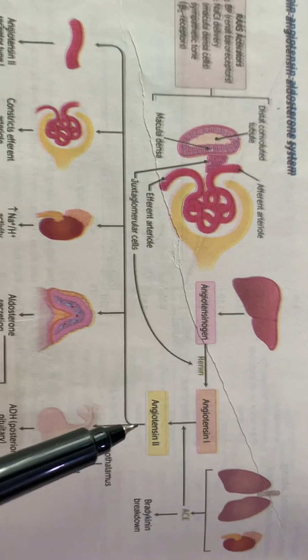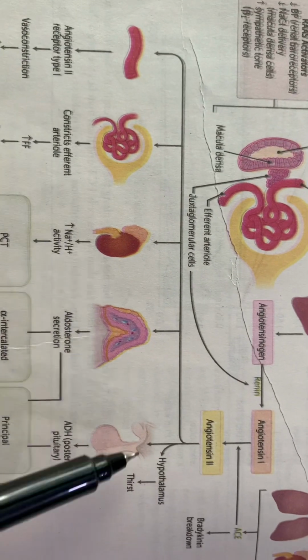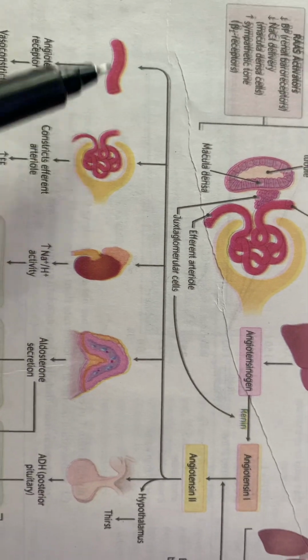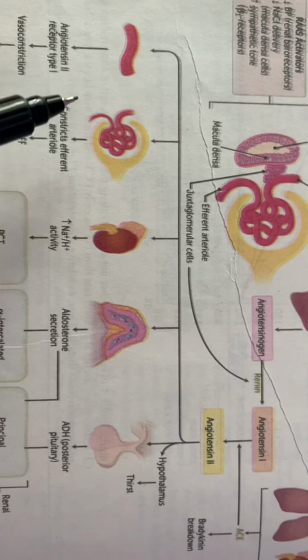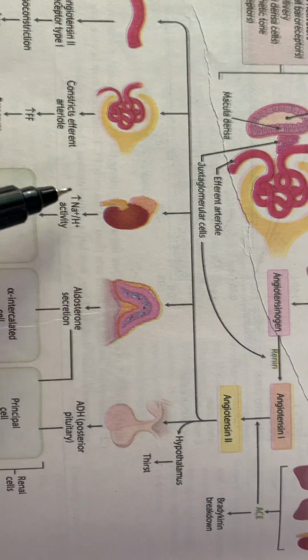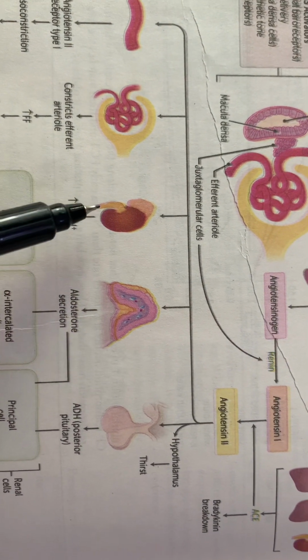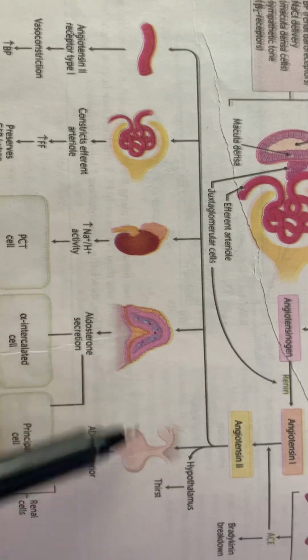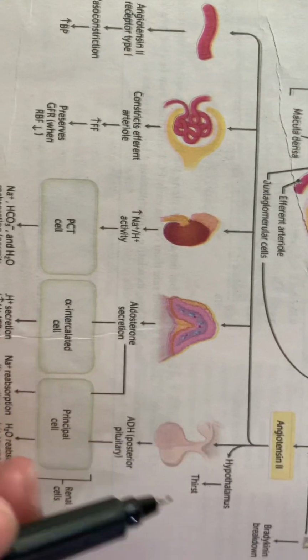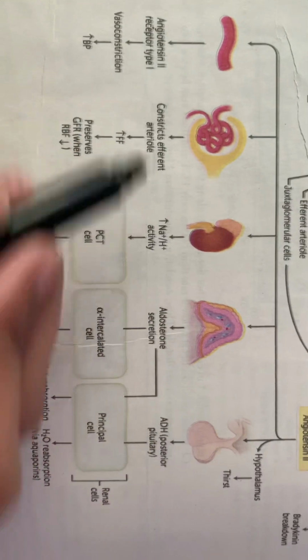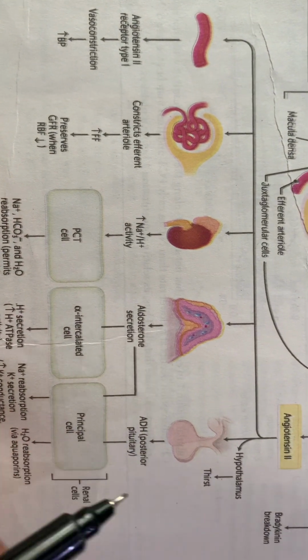Now angiotensin 2 acts on multiple systems like blood vessels, on the kidneys themselves, and on the adrenal gland and the pituitary gland, to activate multiple mechanisms for the regulation of the BP.